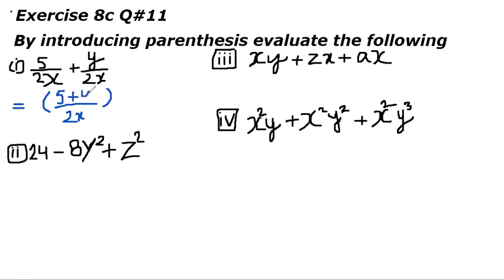In simple words, we will write 2x, which is the denominator, one time, since they are like fractions, and we can add the numerators. 5 plus y will be added.